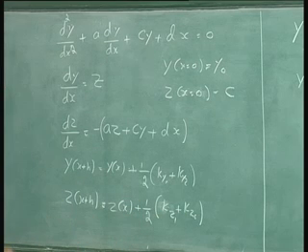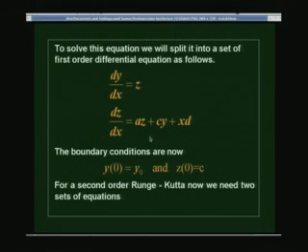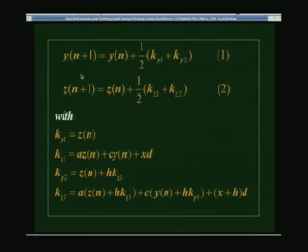So let's summarize this once again. I want to solve these two first order equations. Okay, there's actually a minus sign there. Using a second order Runge Kutta scheme, I would write y at the next point as y at the first point plus ky1 plus ky2, and z at the next point as z plus kz1 plus kz2.